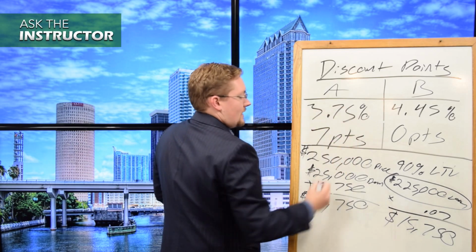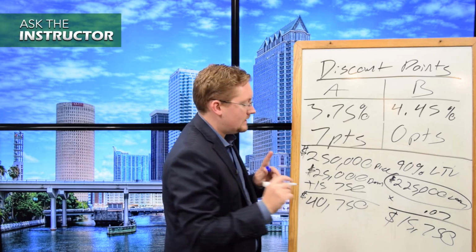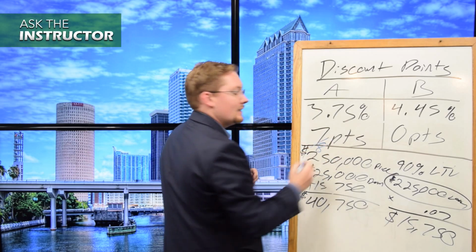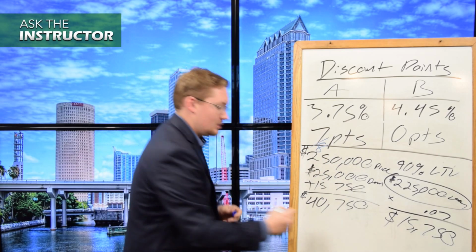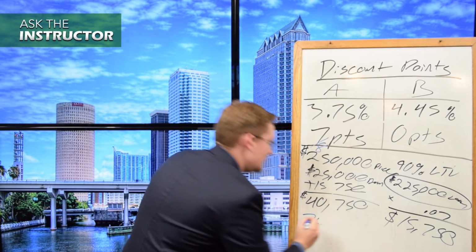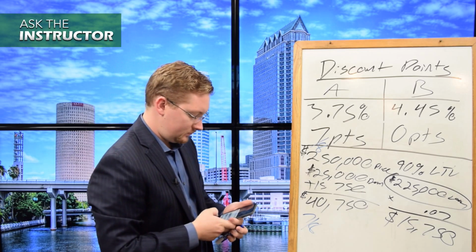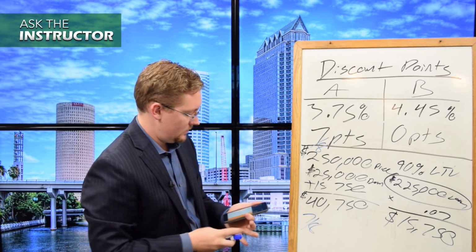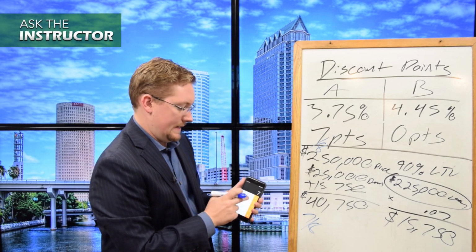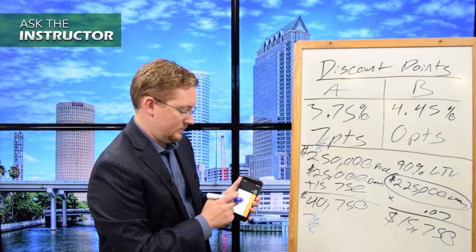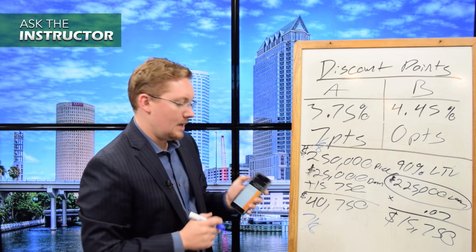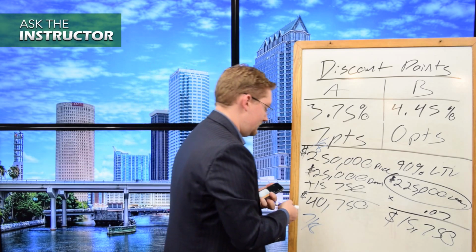So what we have here is 7 points. Now remember, when you want to turn points into an APR, we're dividing by 8. We're taking our 7 points, so basically we have 7/8 of a percent of interest. So what we need to do is just 7 divided by 8, and we're going to get 0.875.